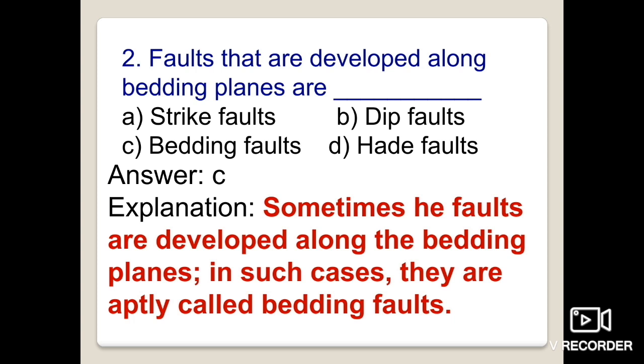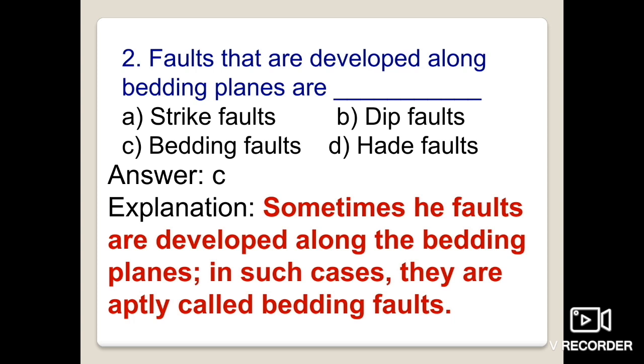Means for a fault to be a bedding fault, it must occur along a contact between the beds of the different or the same lithologies. Means the beds which are occurring can be of the same lithologies or there may be variation in the lithologies, okay. So the bedding faults are difficult to recognize because they are parallel to the bedding planes, okay.